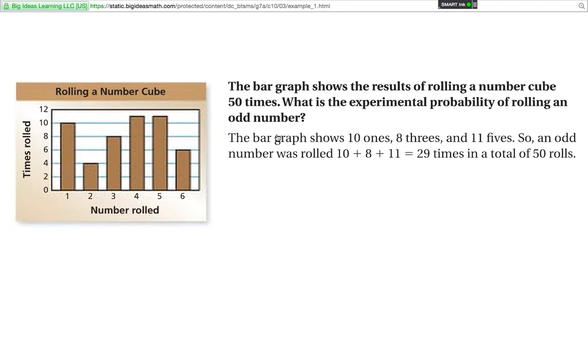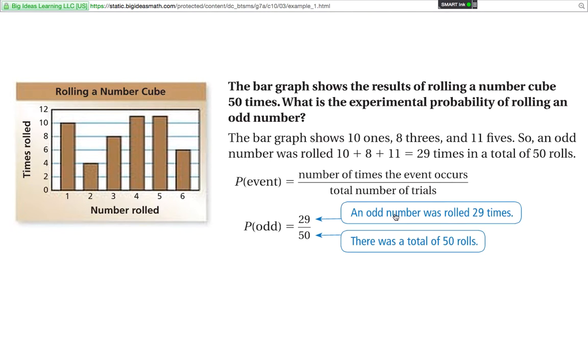So 10 plus 8 plus 11, add those up, you had a total of 29 times that you had the favorable outcome, the odd number. So that would be 29 out of 50, which can be simplified as a percent, which would be 58%.